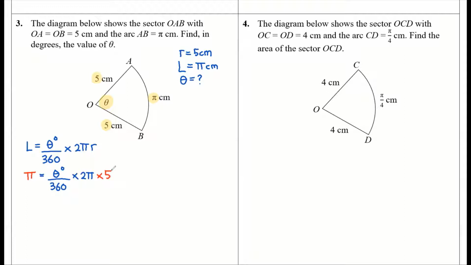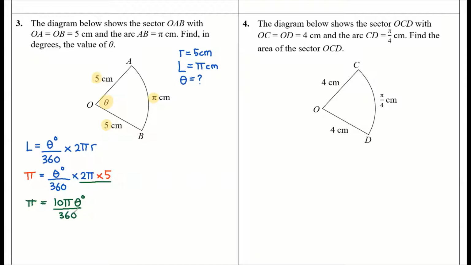Let's tidy this up now. So we've got pi is equal to, now I can write this as one fraction, 10 pi, which is this part, multiplied by theta degrees divided by 360.